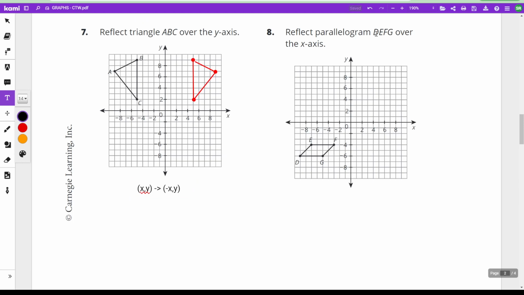Okay, now here we want to reflect over the x-axis. And so we're going to flip this shape over the x-axis. And we're going to use that same knowledge that 2 points that are reflections of each other are the same distance to the line of reflection. So E is 4 units away, so E prime is going to be 4 units away. F is 4 units away, and so F prime is going to be 4 units away. G is 6 units away, so G prime is going to be 6 units away.